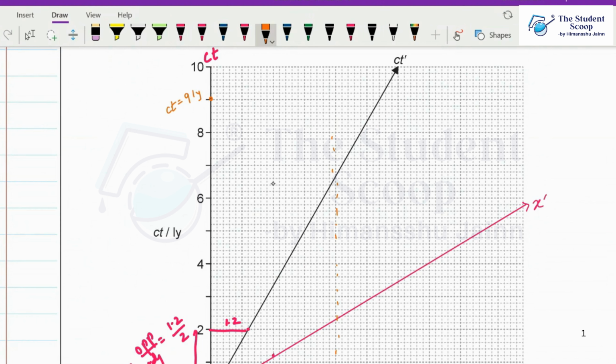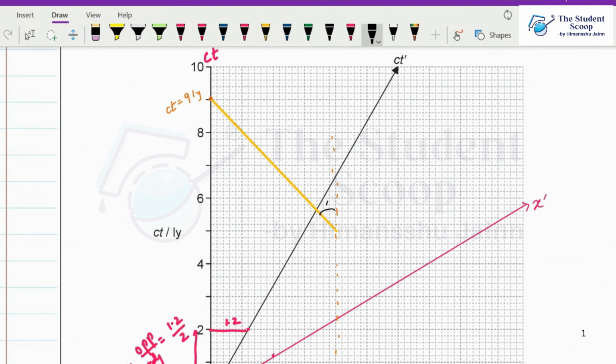Now, where will the event E be? What we can do is retrace the light. Whenever the light is traveling, we need to know that the world line of light is always 45 degrees. So it has to make an angle of 45 degrees. If the light was emitted from the event E, it will travel along a world line at 45 degrees with respect to vertical.